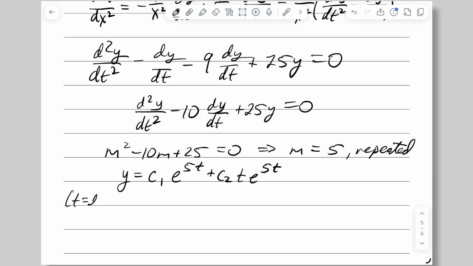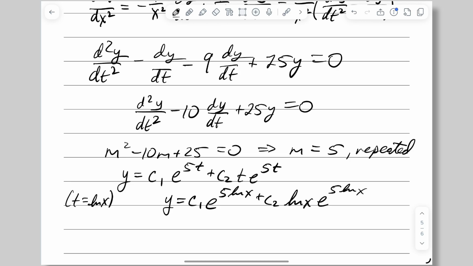Remembering that t is equal to the natural log of x, we find that y is equal to c1 e to the 5 times the natural log of x plus c2 natural log of x e to the 5 times the natural log of x.